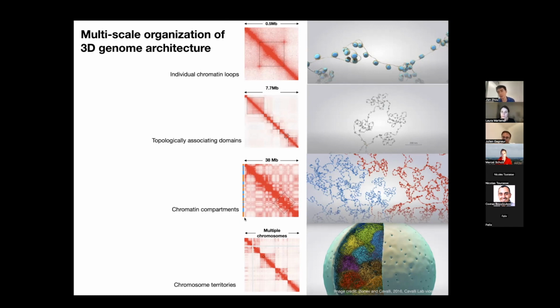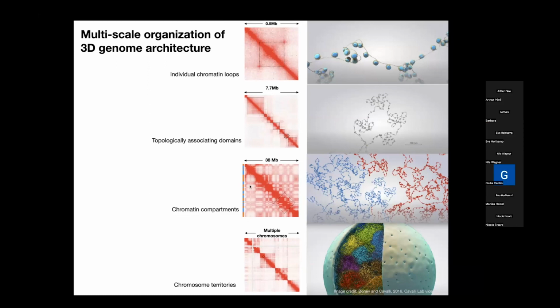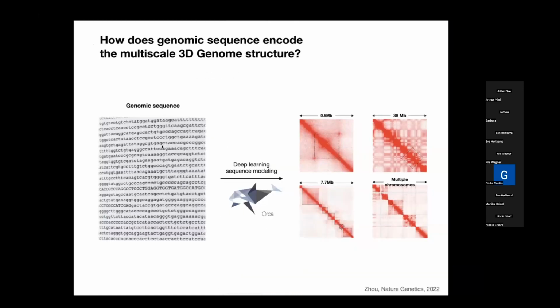But we also know very little about how the sequence drives, for example, enhancer-promoter interactions or Polycomb-mediated interactions, or those chromatin compartments. So I think it is an important question to be able to model all those different scales of 3D genome interactions from the sequence.